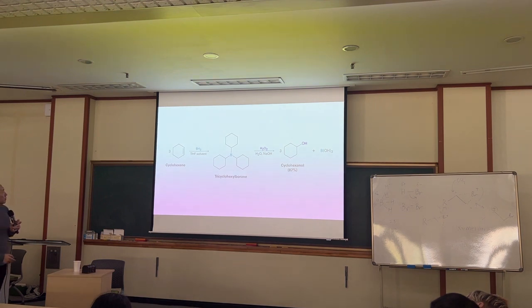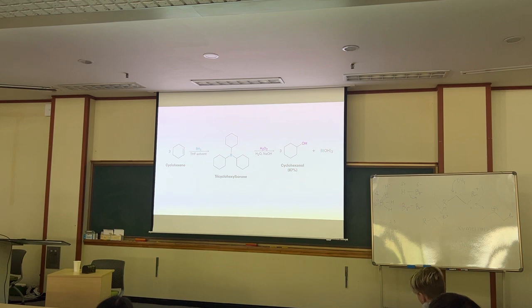Now BH3 can be added one time, then BH2 can be added. But this BH2 can still donate H and B, and it can react with another one, and then another one can be added here, and still there is a BH. It can be added to still another one.